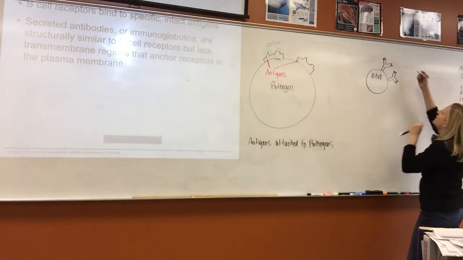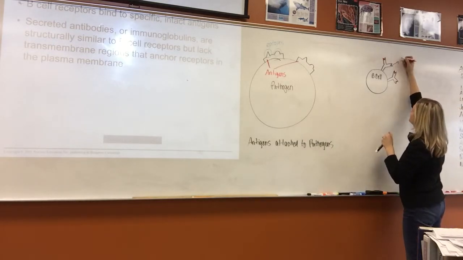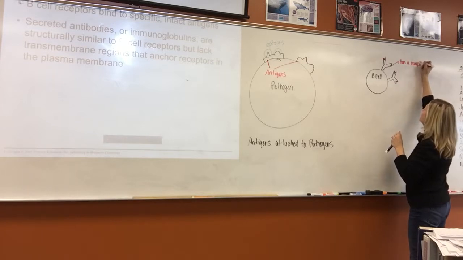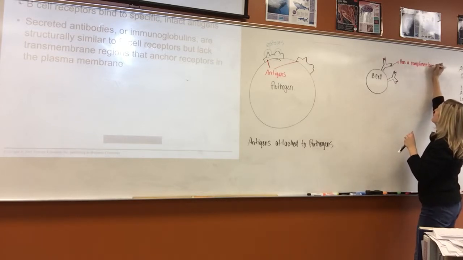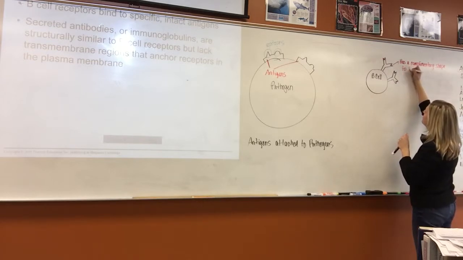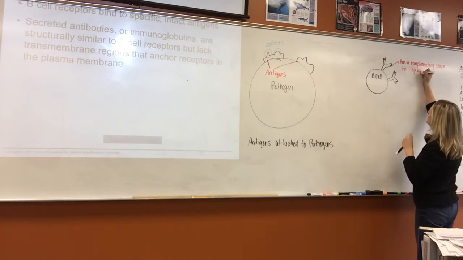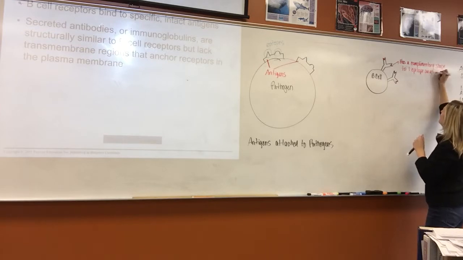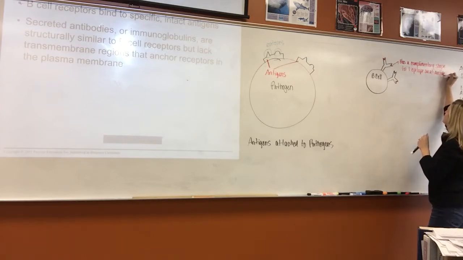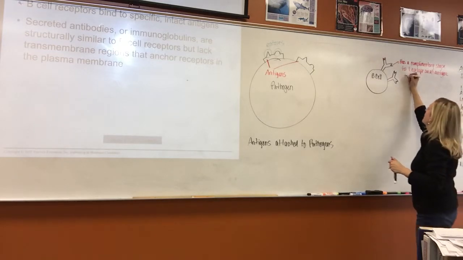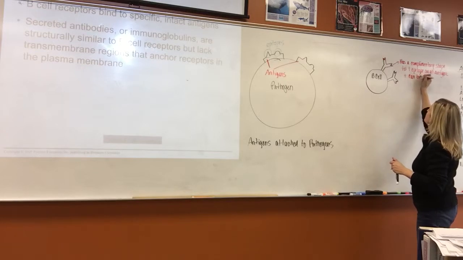So I'm going to write: has a complementary shape to one epitope on an antigen, and can bind to it.